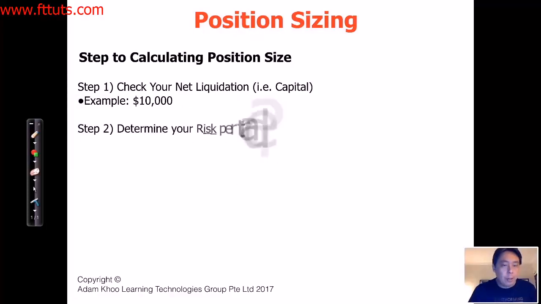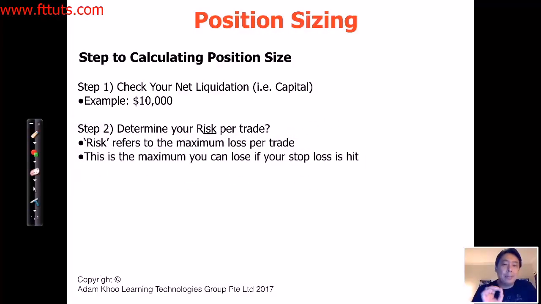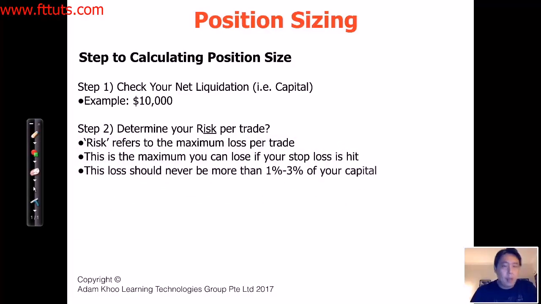Step 2 is you must determine your risk per trade. Risk refers to the maximum loss that you're willing to take for every trade you put in. This is the maximum you can lose if your stop loss is hit. Very importantly, this loss should never be more than 1% to a maximum of 3% of your net liquidation.